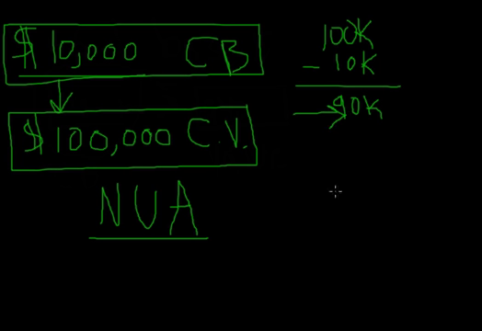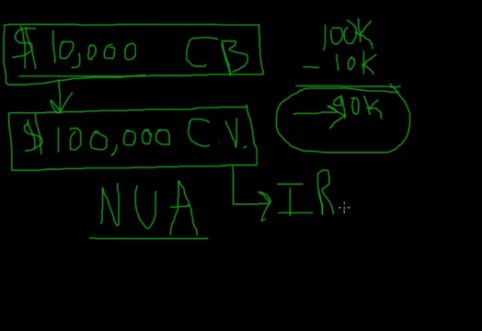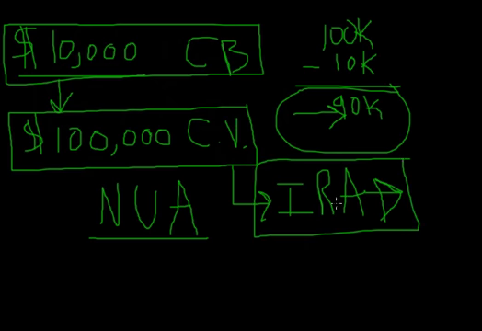Okay? And so when you come up on retirement, you have the option of either rolling this $100,000 into an IRA, and then it would be treated like anything else. And then you can invest in something else, and or you can choose to keep it as company stock inside of an IRA. But the important thing is if you put it in the IRA, it's going to be taxable a certain way.